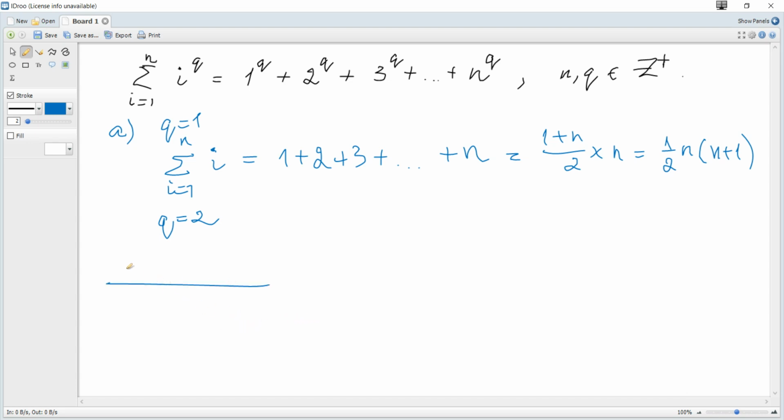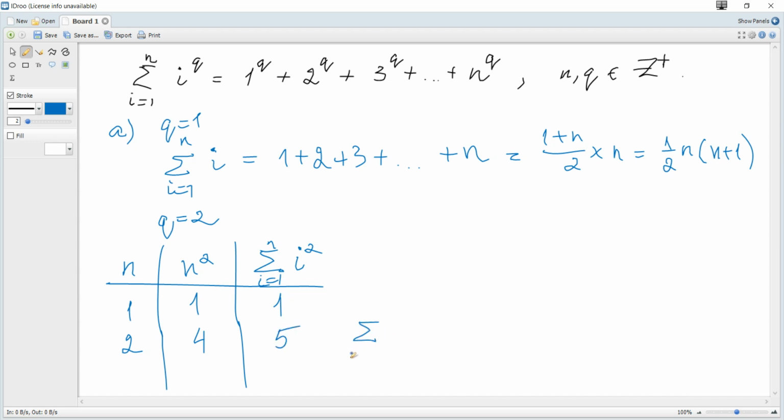When n is 1, n squared is just 1 squared, 1, and the sum becomes the sum for i from 1 to 1 of i squared, so it's just 1 squared, and it is given that it's just 1. It is given that when n is 2, n squared is 4, and the sum is 5.